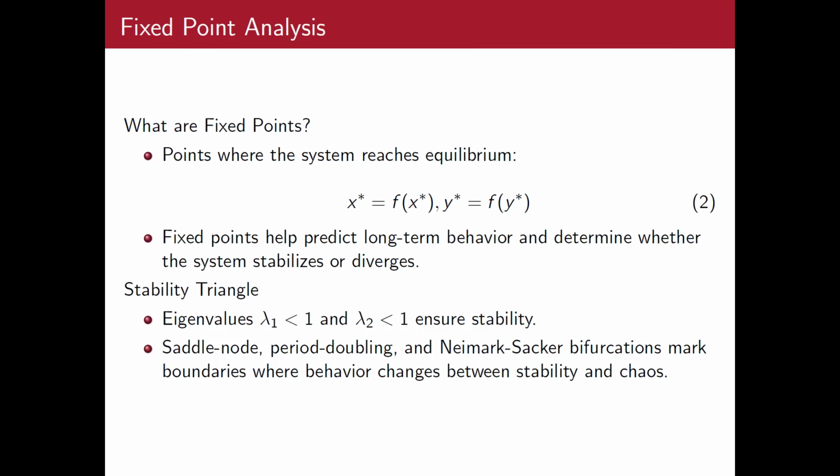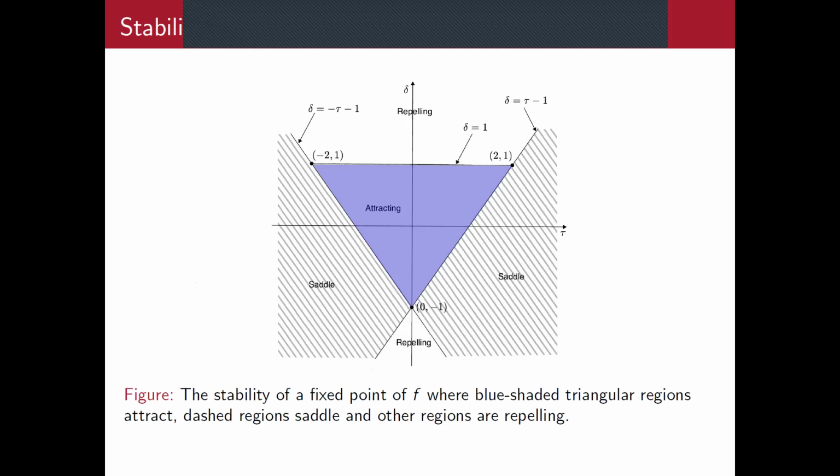If both eigenvalues, that is lambda 1 and lambda 2, of the system are less than 1 in modulus, the system is stable. This figure is the stability triangle, where the blue triangular region represents stable points and dashed lines represent the saddle points, and the system will diverge outside the triangle.